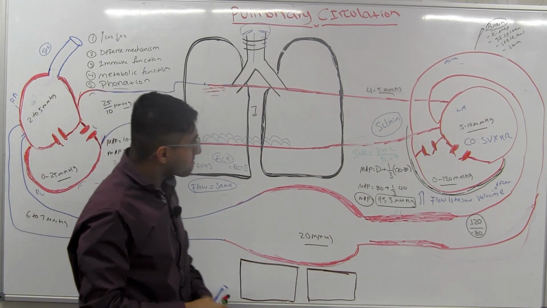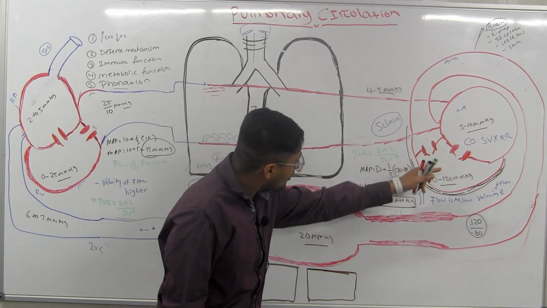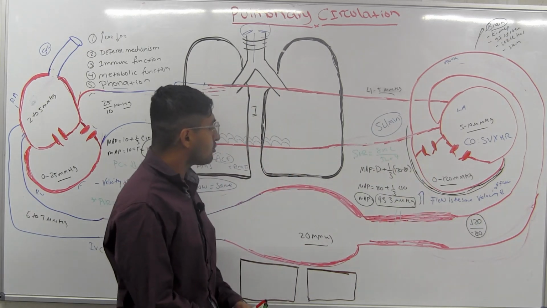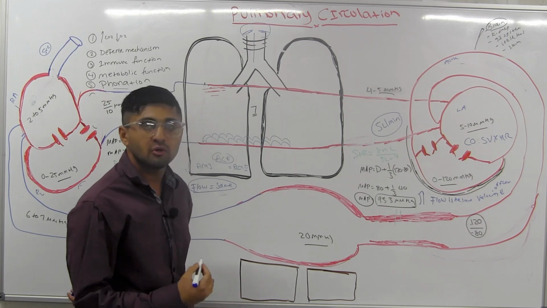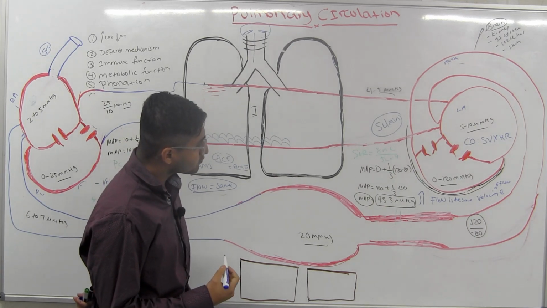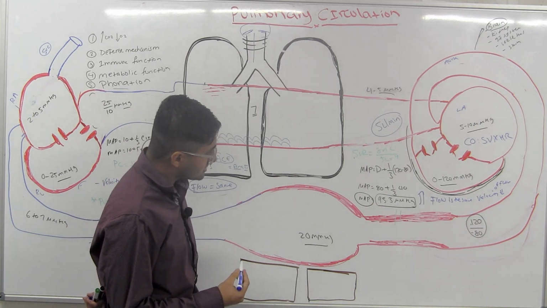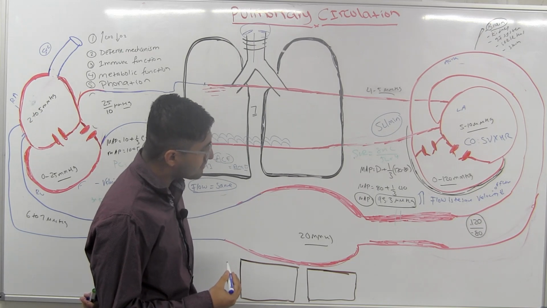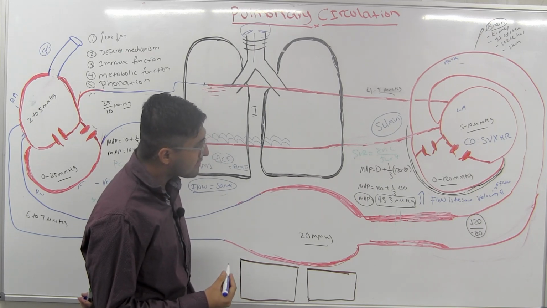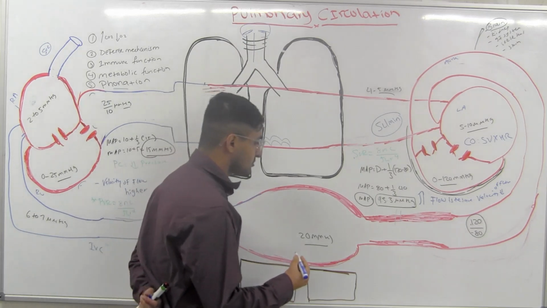Now, there are a couple of things you have to understand. When the cardiac output comes in, look at the blood vessels of the systemic circulation. Those arterioles have a lot of vascular smooth muscle cells. Because of that, they are usually tonically contracted, or semi-contracted all the time.